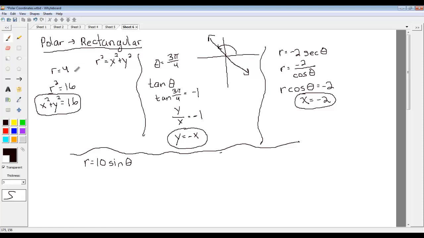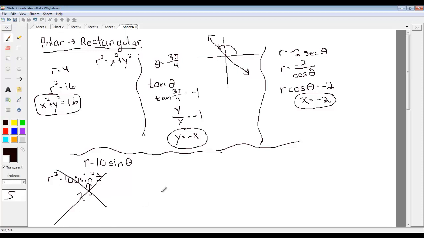Previous strategies, like up here with r equals 4, I squared both sides to get an r squared. But if I square both sides here, I'm going to get r squared equals 100 sine squared theta. I could turn the r squared into x squared plus y squared, but what do I do with sine squared theta?